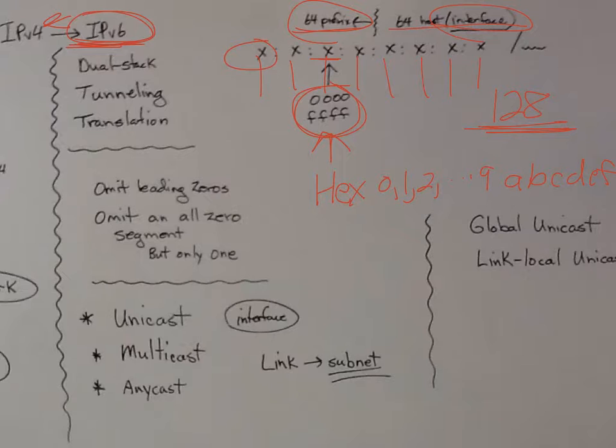How do you get 15 out of that? Get 15 out of an F, it'd be 4 ones.